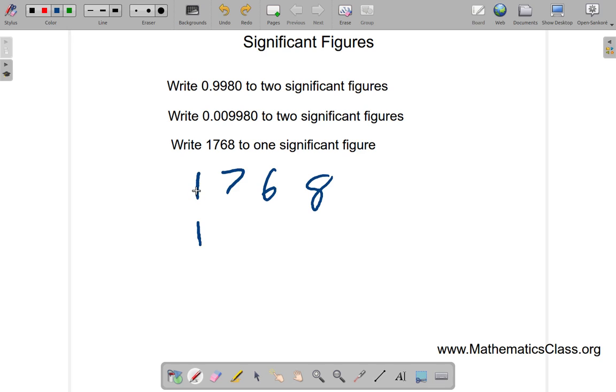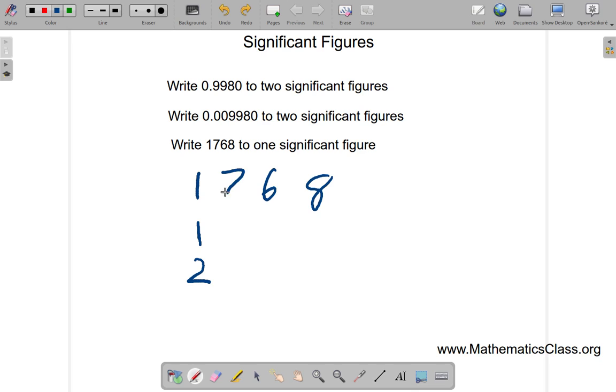In this case, we are using this and the number to the right of it is 5 or more, so we write 2. Remember, this is 1000 and something, so we should end up with an answer of 1000 and something, or if you have this, it would be 2000 flat.